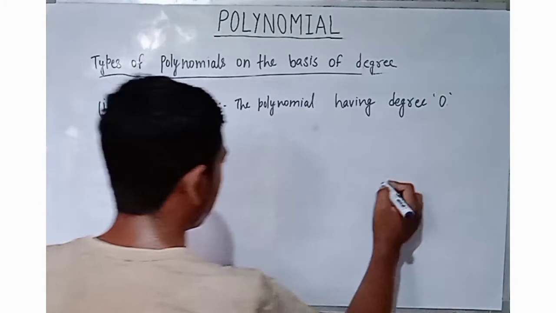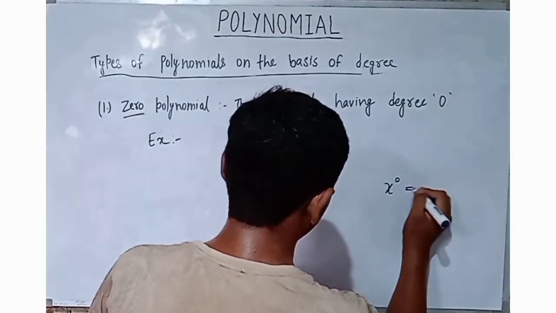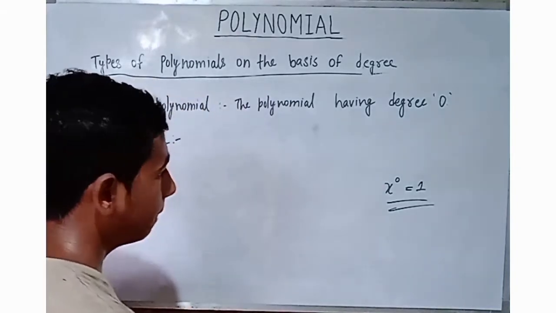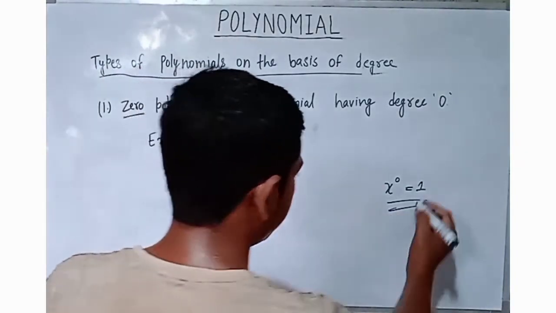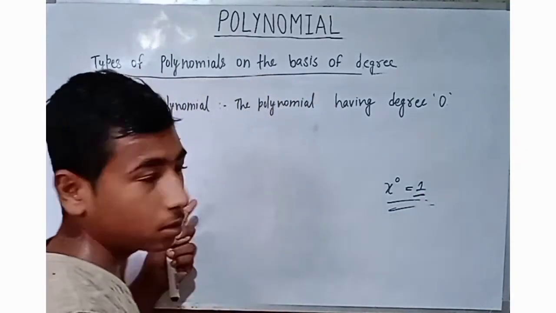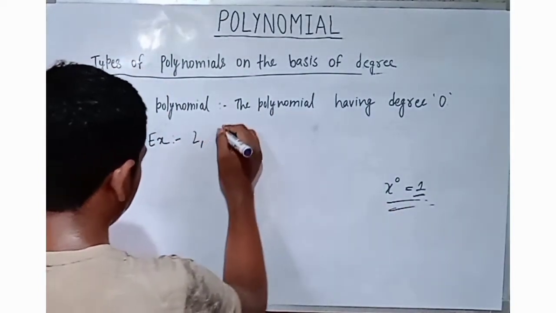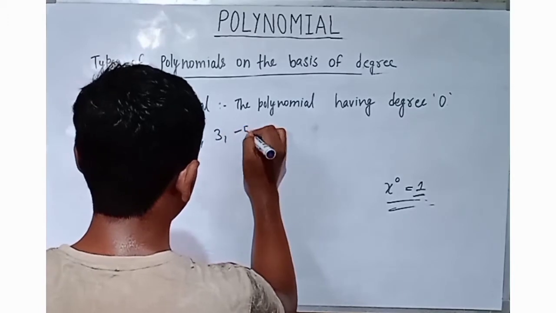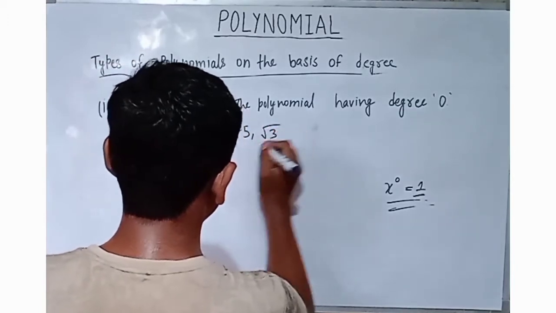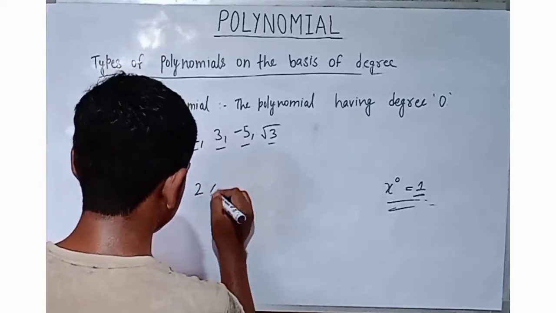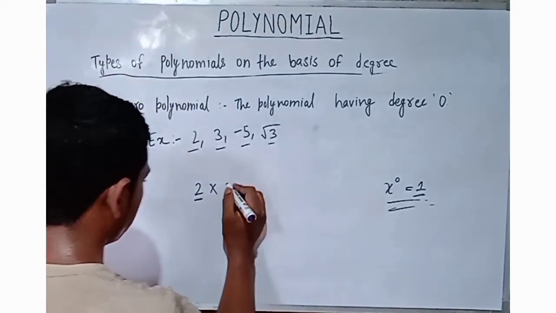If you remember a law, that is x to the power 0 is equal to 1. Okay, so if you multiply any number with 1, then you get that number which you have chosen. Say here for example 2, 3, minus 5, root 3, these all have degree 0. Okay, how? See here, we can write it 2 into 1.